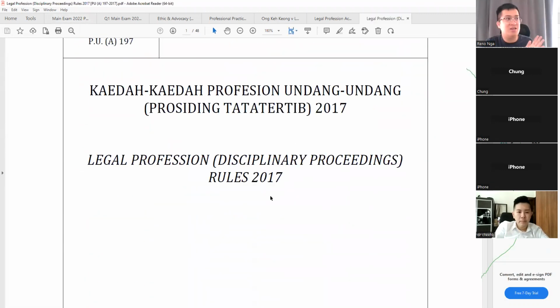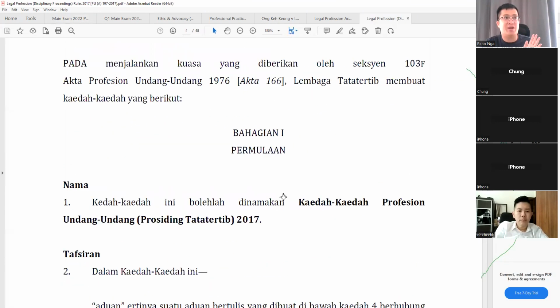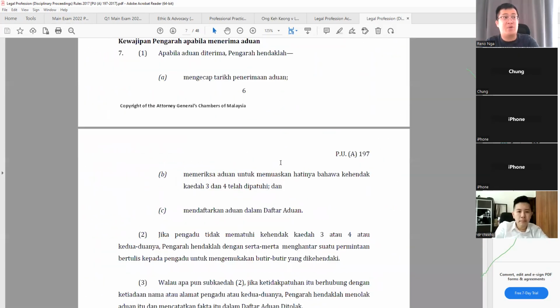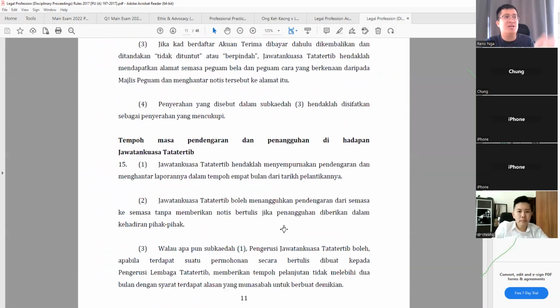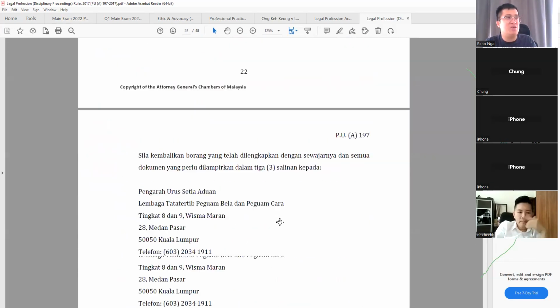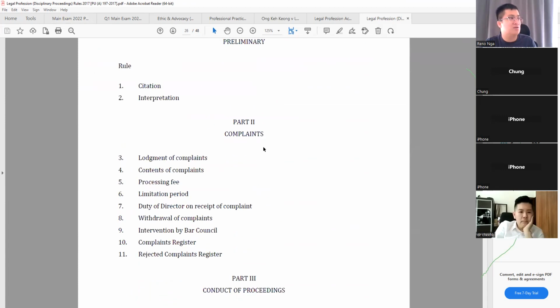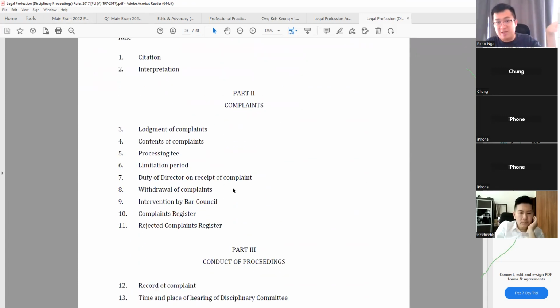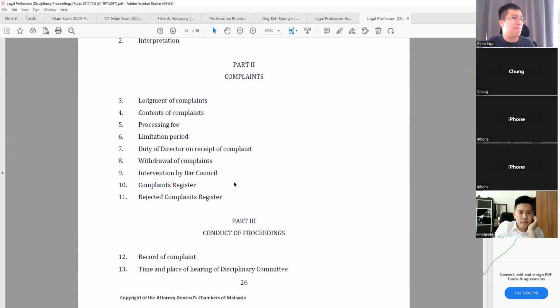This is the Legal Profession Disciplinary Rules, it's not the LPA, because right now we are talking about disciplinary action. And I may not be happy that this person filed a claim against me, and I think it's frivolous. So I think from the index, actually, we can find the answer already.